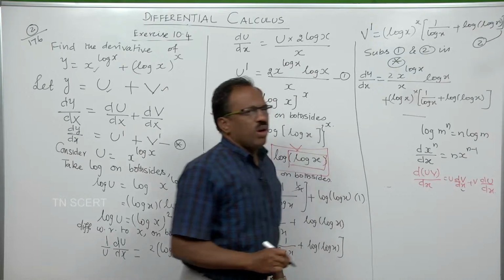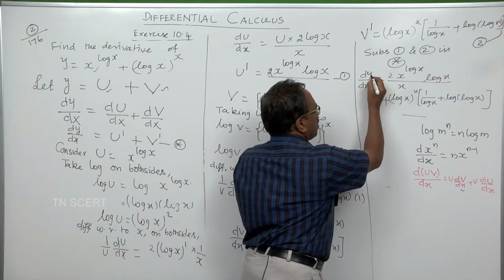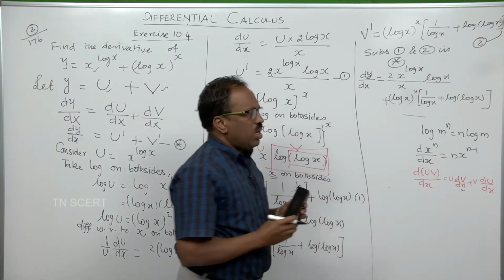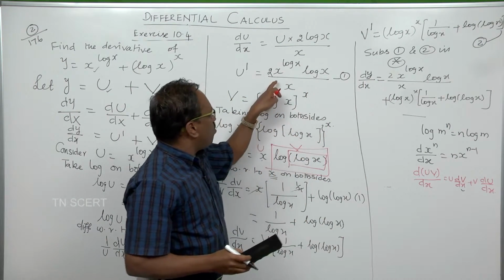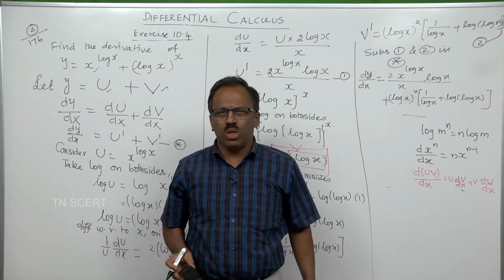In this way, we have completed the problem. dy by dx becomes the summation of 1 and 2. This is the solution for the problem.